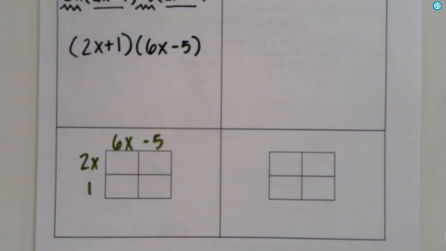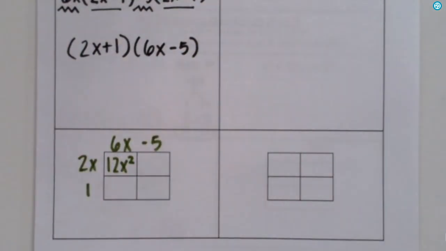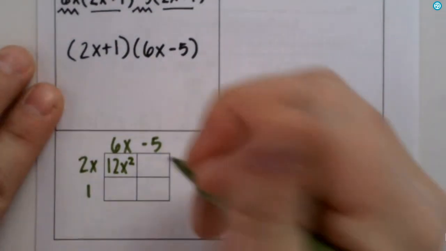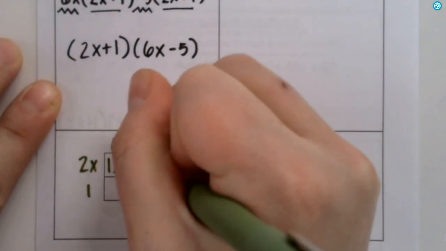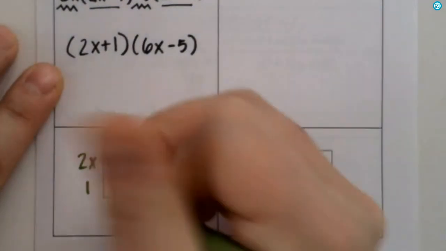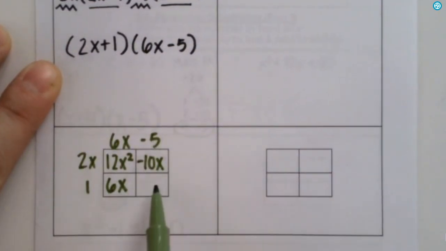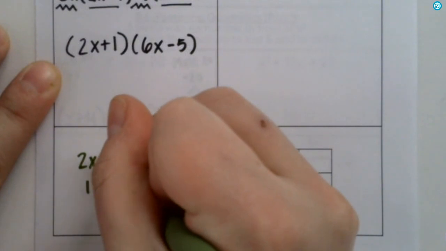2x times 6x is 12x squared. 2x times negative 5 is negative 10x. 1 times 6x is 6x. And 1 times negative 5 is negative 5.